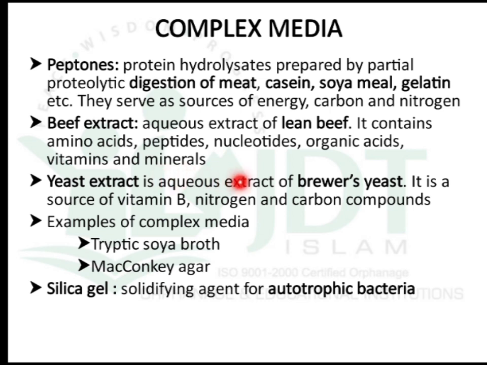The yeast extract is an aqueous extract of brewer's yeast, and it is a source of vitamin B as well as nitrogen and carbon. Examples of complex media are nutrient broth, soya bean casein digest, and MacConkey agar. MacConkey agar will also come under differential media, because according to their use we classify culture media in both ways.